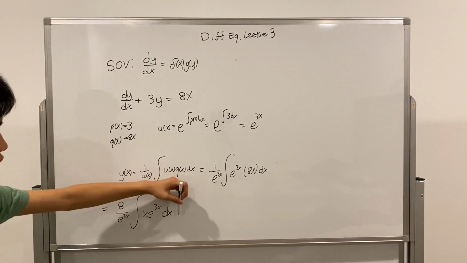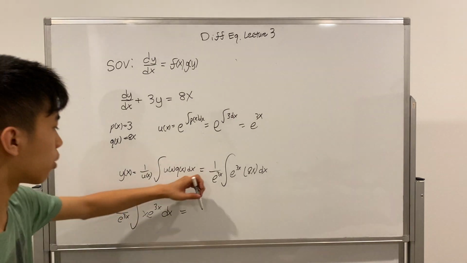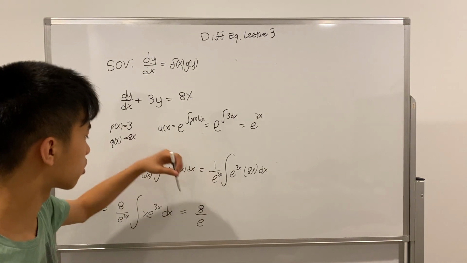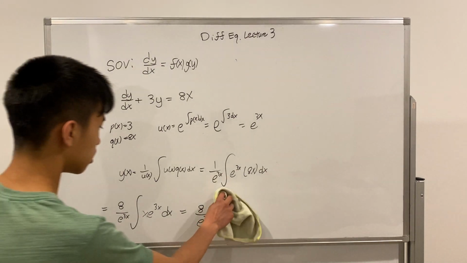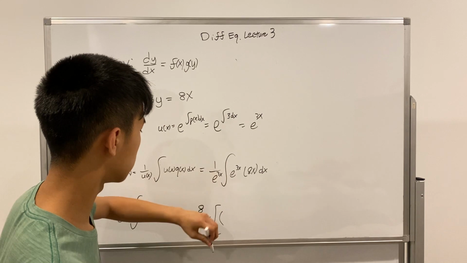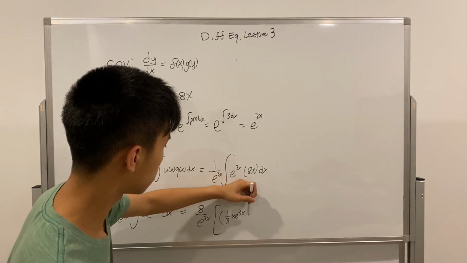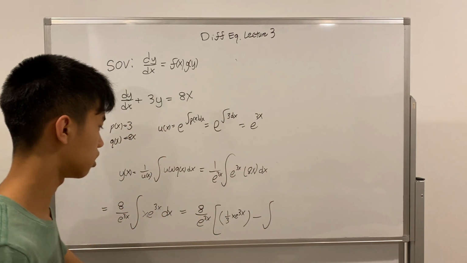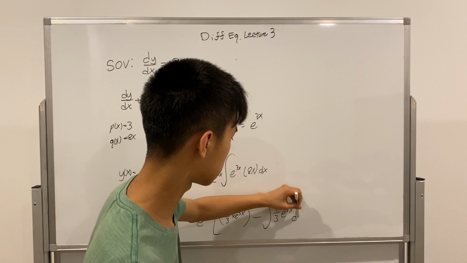This is not a calculus lecture, this is a differential equations lecture, so I will not cover how to do the integration by parts, although maybe in a future video I will. I'll just cover some of the necessary steps. So this is 1/3 x e to the 3x minus the integral of 1/3 e to the 3x dx.